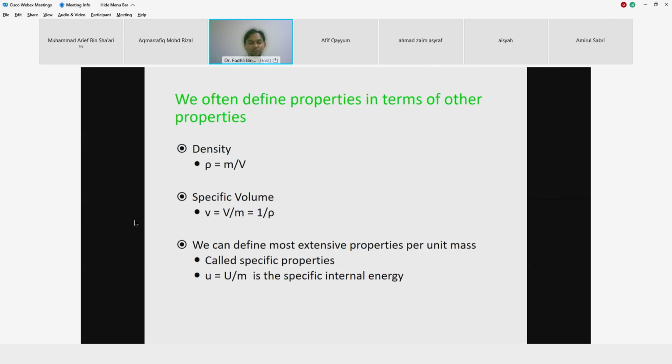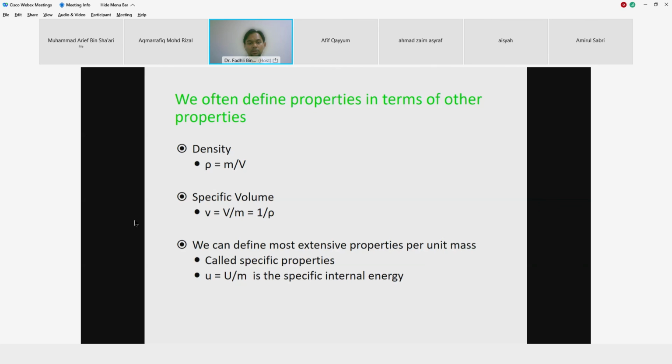Specific volume, small v, is actually volume over mass. So we can define most extensive properties per unit mass.